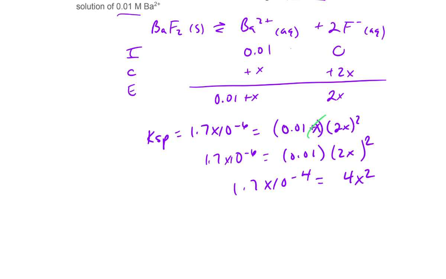And then when we solve for x, we're going to get 6.5 times 10 to the minus 3. So I think the problem on your homework did some funky math that ignored, I couldn't figure out what they were doing. I think it ignored the 2x or something. So make sure you include that, it's important.